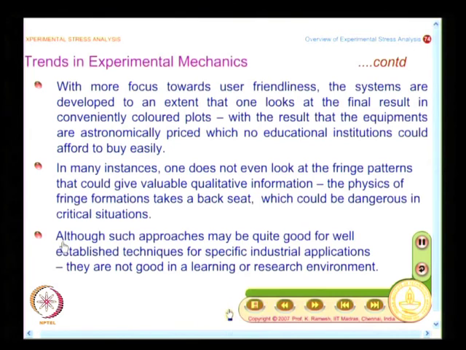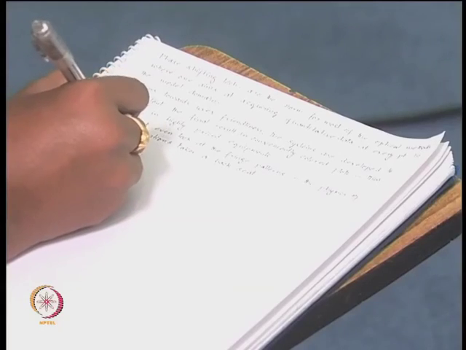And the caution here is for well established techniques for specific industrial applications. Particularly if you go and look at glass manufacturing, they employ photoelasticity, and when they employ photoelasticity, they have to control glass process parameters.